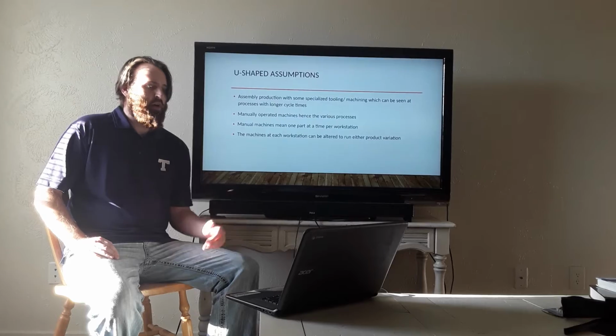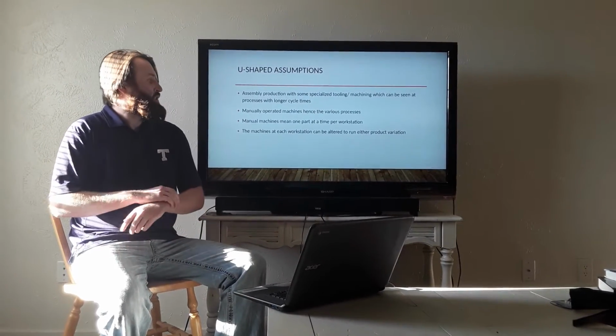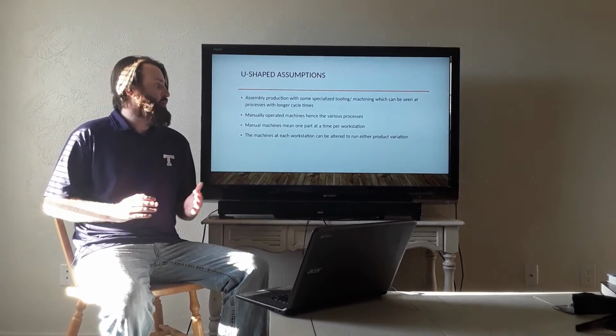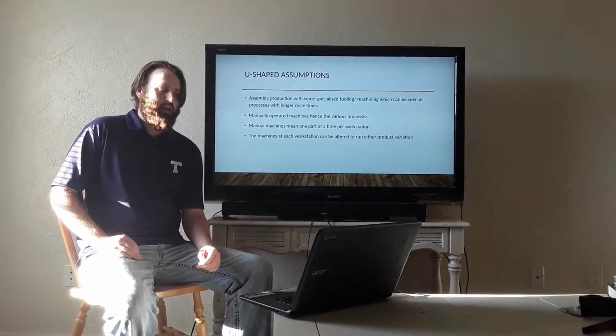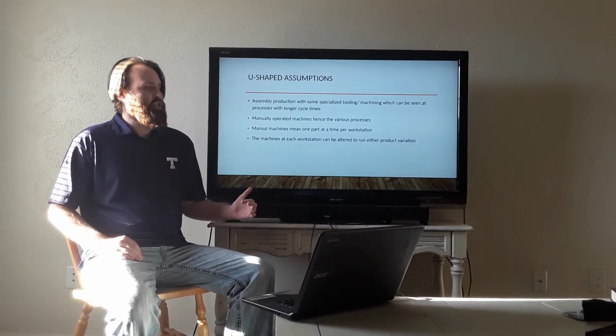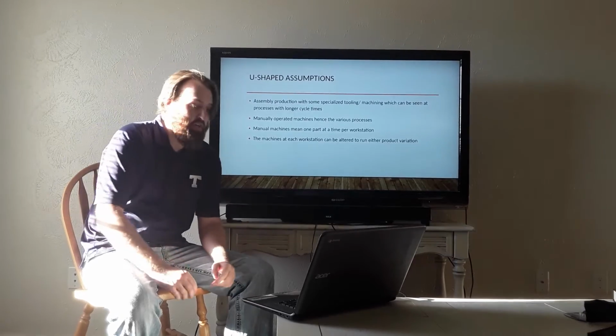We have manually operated machines, hence the various processes. Manual machines means one part can be produced at a time per workstation, and the machines at each workstation can be altered to run either product variation.